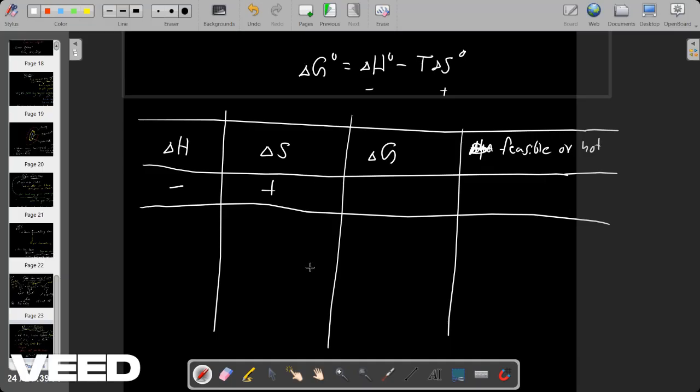Always negative, right? Why? Delta H is negative, and T is absolute temperature, so it is positive. Therefore the T delta S term, subtracted, becomes negative. So delta G is always negative. Always feasible.